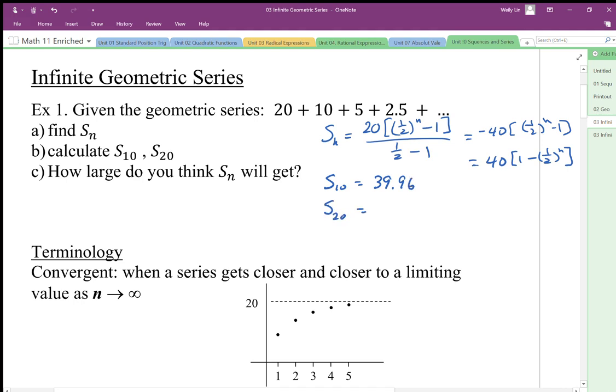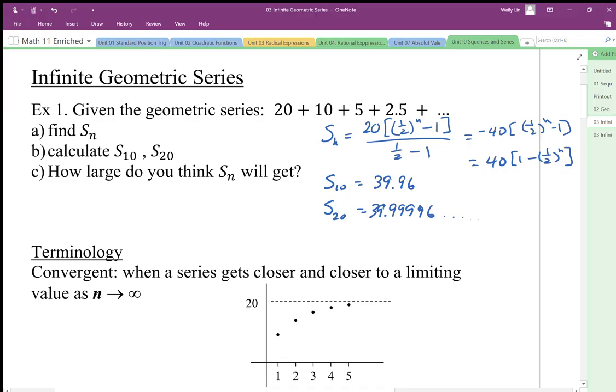Calculating S20, I just do the same thing, except I use exponent of 20, power 20. I get 39.99996... That's pretty close to 40.